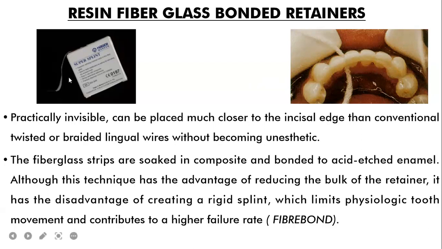You soak this in composite, and after you acid etch the enamel, you put these soaked composite fiberglass strips and bond it to that. So what is the advantage of doing this? It reduces the bulk of the retainer. It also creates a rigid splint, which limits physiological tooth movement because the teeth are constantly moving. It has diurnal patterns and all of that. That could be limiting or it could be a shortcoming.